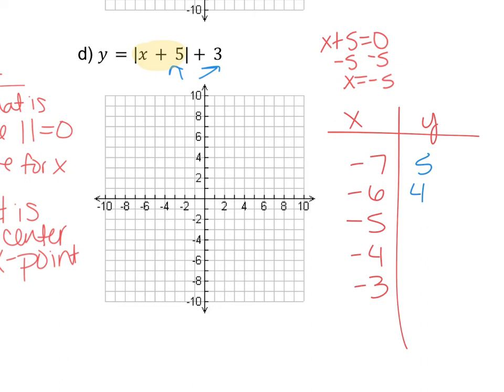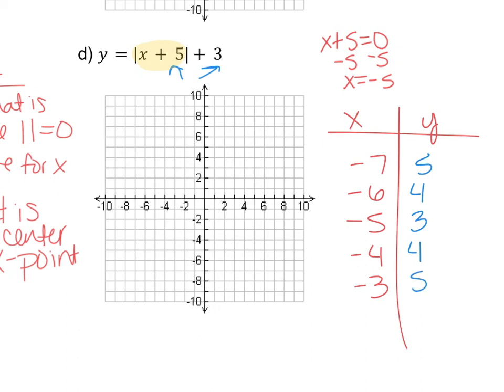Absolute value of that is 0, plus 3 would be 3. -4 plus 5 is 1. Absolute value of that is 1. Plus 3 would be 4. And then -3 plus 5 would be 2. Absolute value is 2. Plus 3 would be 5.